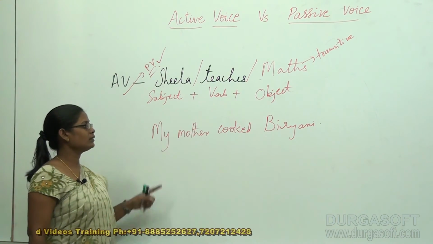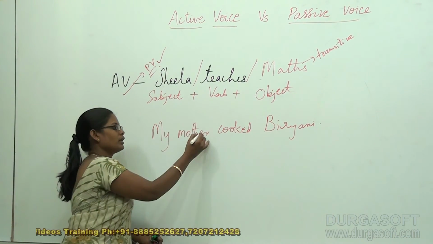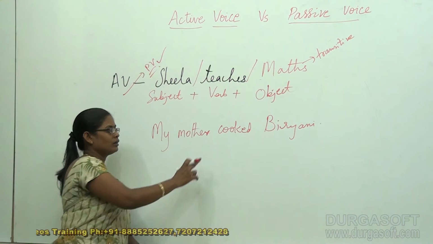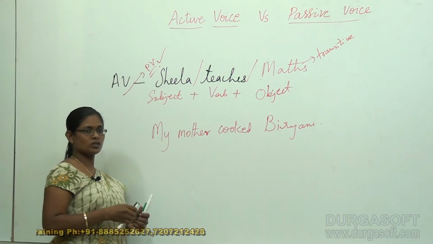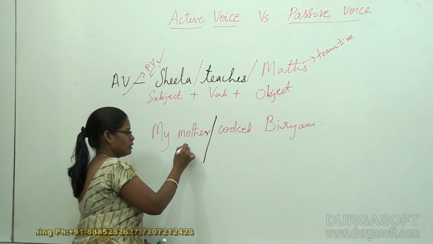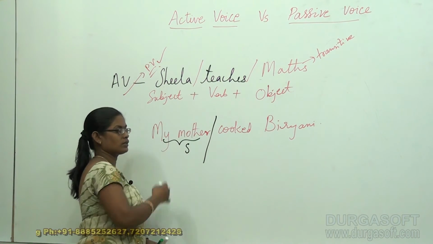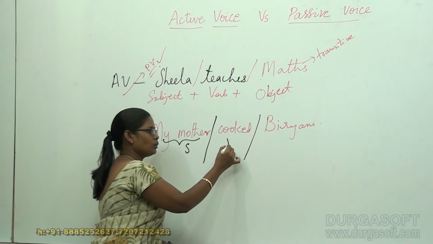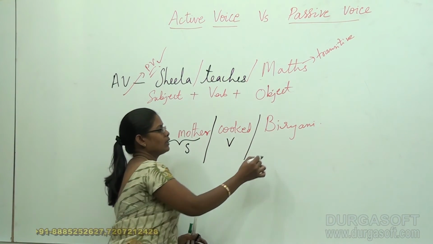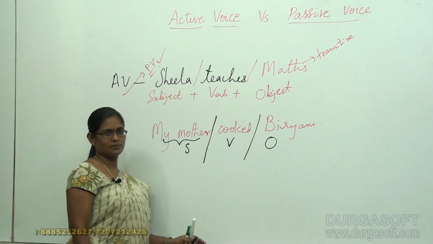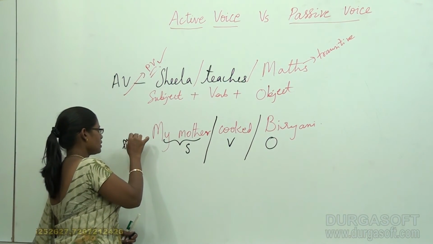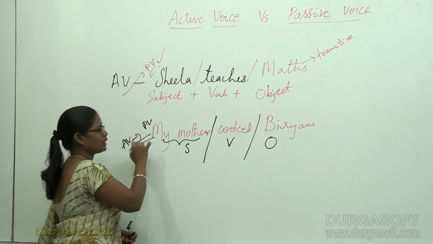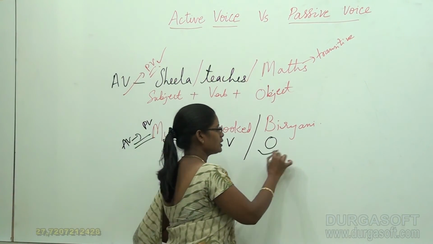So I stated, my mother cooked biryani. Now, can you split it into the structure? Very good. My mother is the subject, cooked is the verb, biryani is the object. Okay, so this can be converted into the passive voice. Why? Because there is an object at the end.